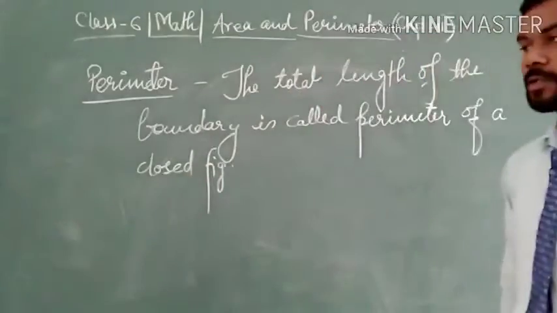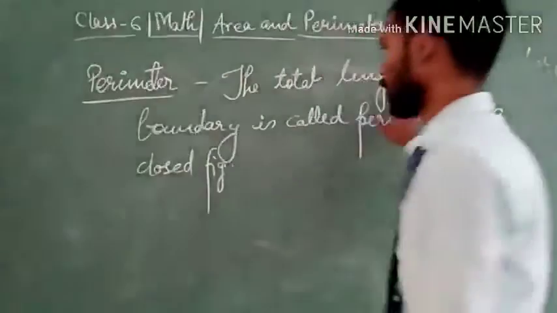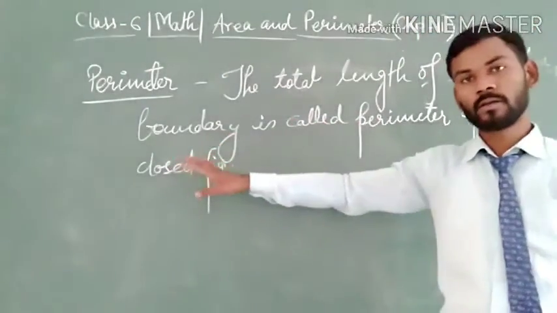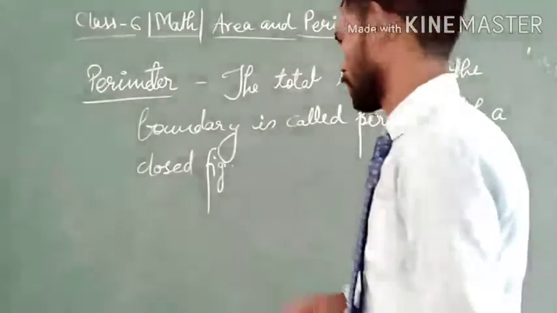This is the definition. Okay, the total length of the boundary is called the perimeter of the closed figure.